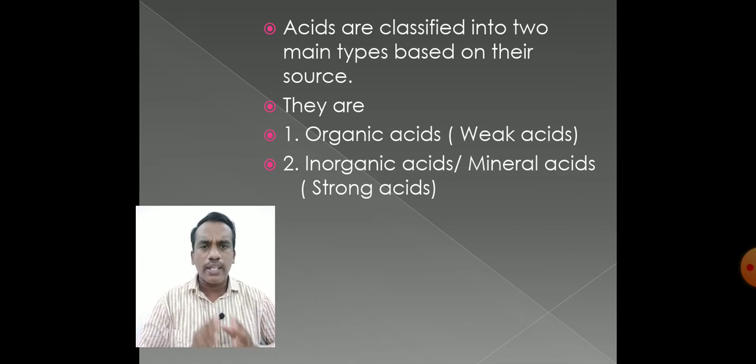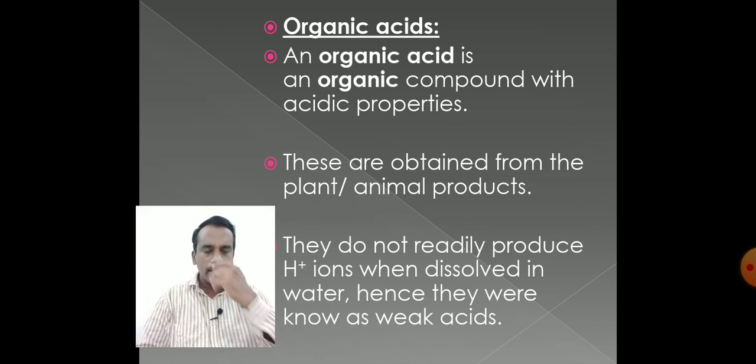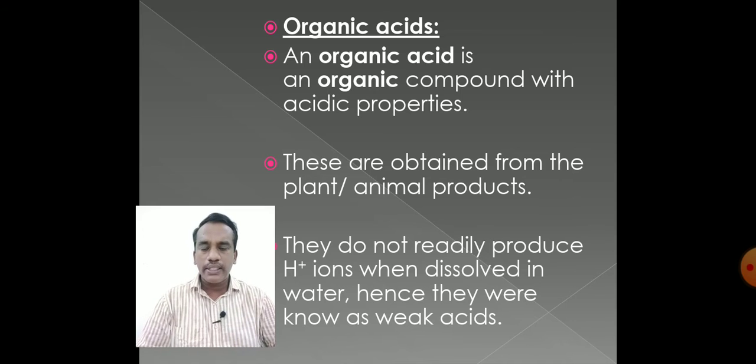Now let us give the clear definitions. What is meant by an organic acid and what is meant by an inorganic acid, and let's take some examples on these acids. So let us see about the organic acid. We had already discussed that an organic acid is a weak acid. Why is it called a weak acid? What is an acid? First of all, acids are the substances that produce H plus ions.